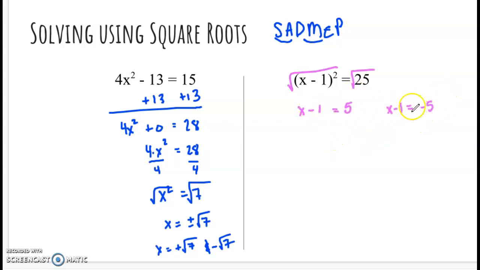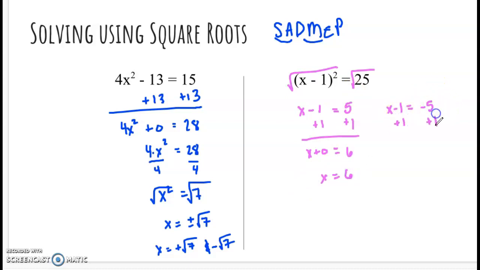And now I am going to be solving two equations kind of in tandem. Get rid of that -1 by doing the opposite, which is +1 to both sides of my equal sign. And I have x plus 0 equals 5 plus 1 is 6. So x equals 6. And then same thing over here.